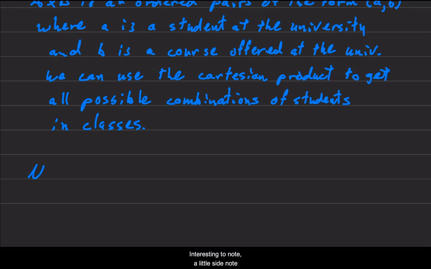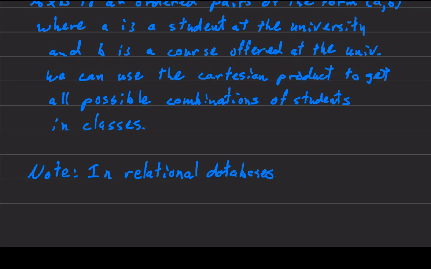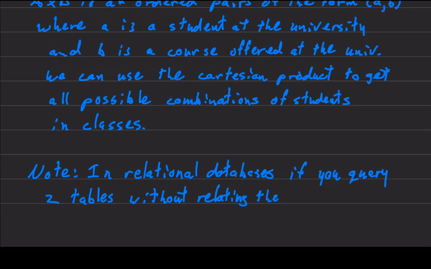Interesting to note, a little side note, in relational databases, if you query two tables without relating them, you get a Cartesian product.